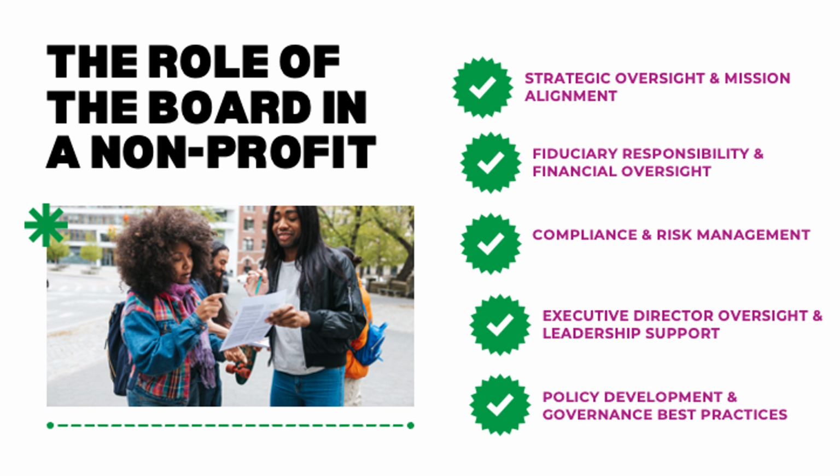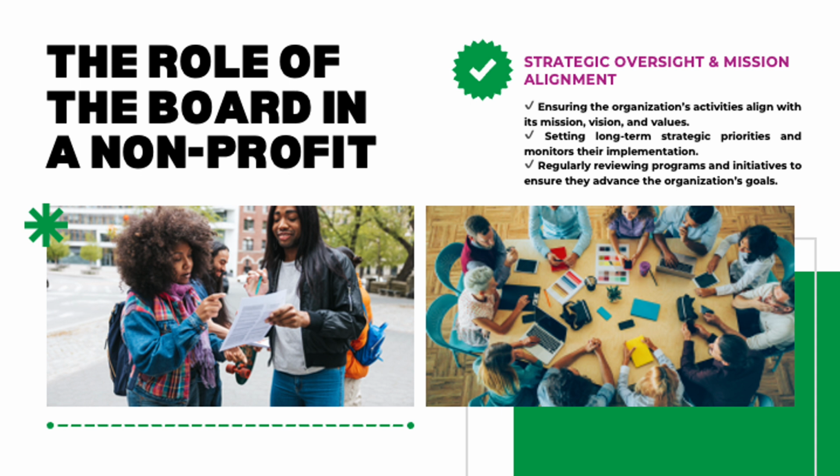What that looks like in actuality as you go throughout your role as board members, when it comes to strategic oversight and mission alignment, is ensuring that your organization's activities align with its mission, vision, and values. You are also focused on setting long-term strategic priorities and monitoring their implementation. And finally, regularly reviewing your programs and initiatives to ensure that they advance the organization's goals.